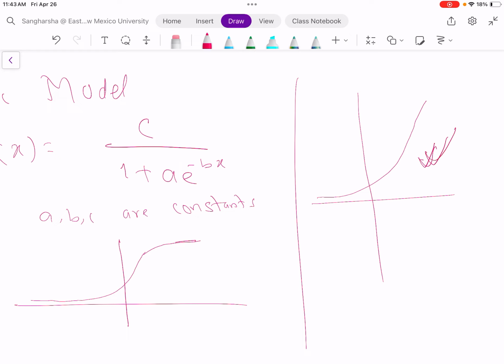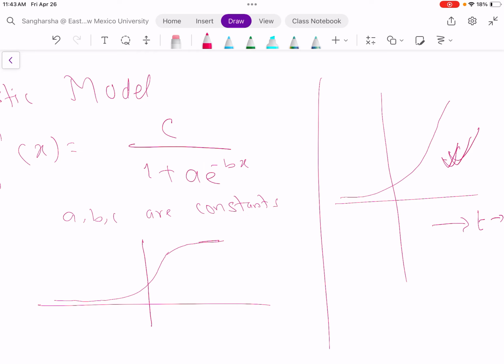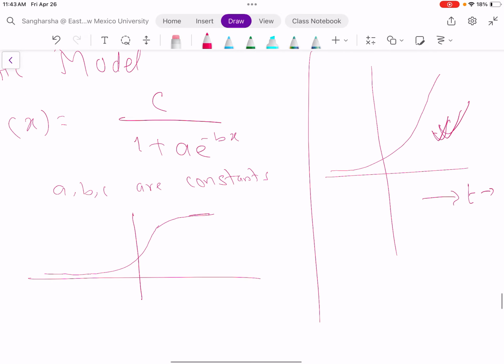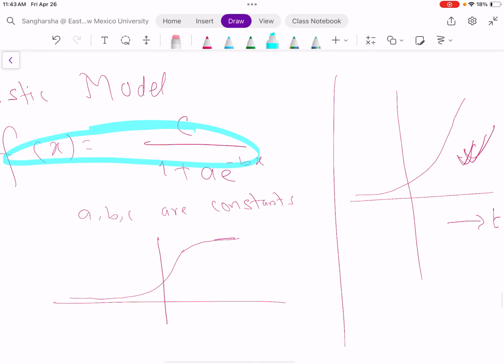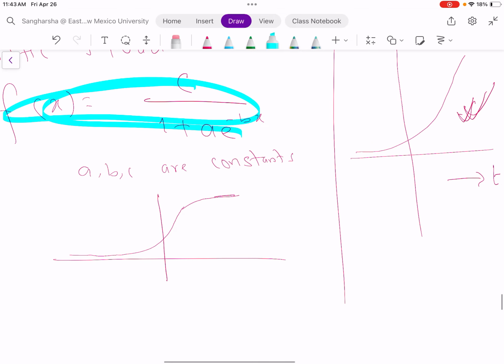That's right. As time increases, the population goes to infinity, right? That's not possible. And there are so many factors that determine population growth. Because of that, we require a new model, a new function. And this is the new function, and the graph is this one.